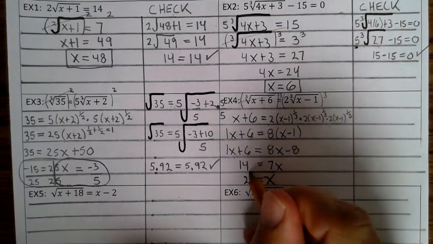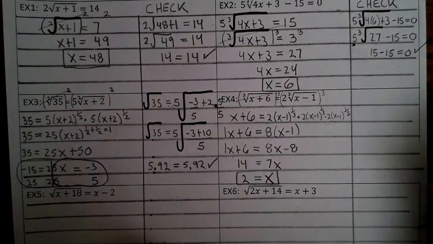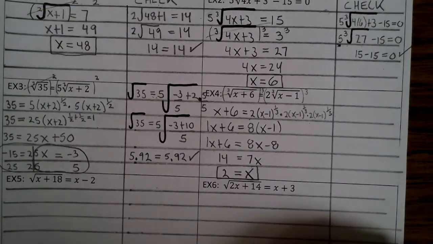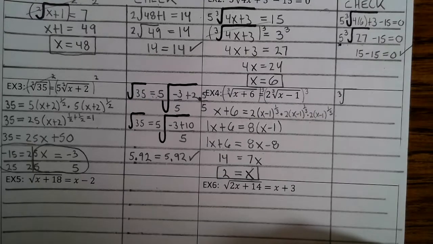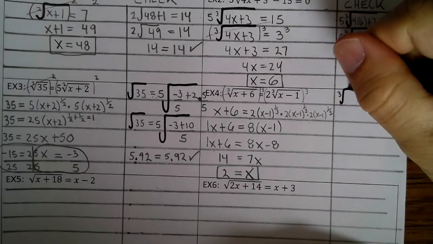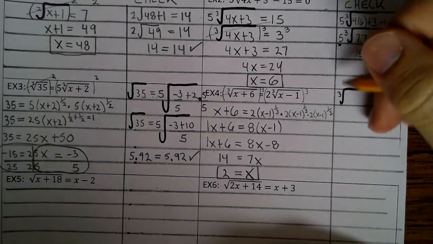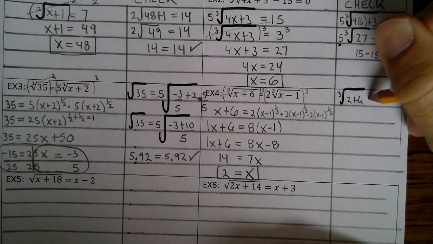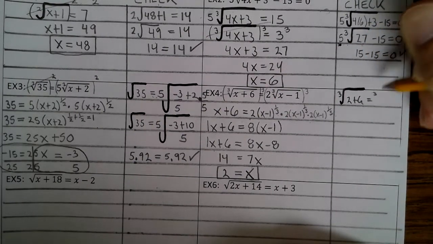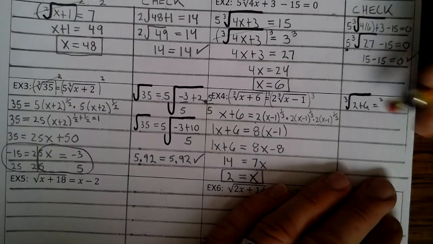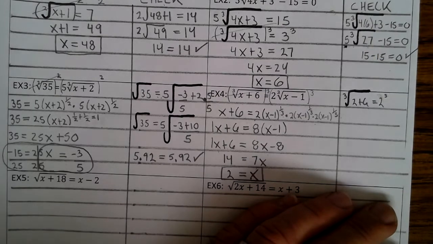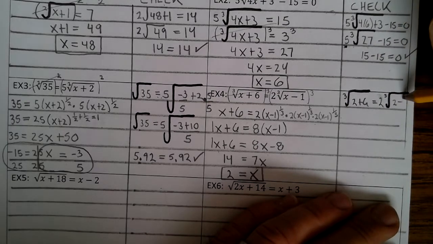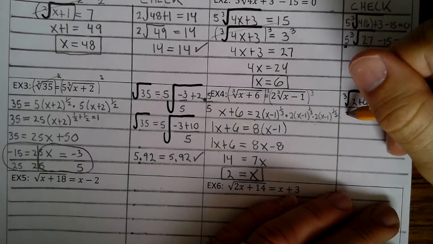So we plug this back in, so that's the cube root of 2 plus 6 equals 2 times the cube root of 2 minus 1. Well, that's the cube root of 8 equals 2 times the cube root of 1. So 2 equals 2, so this checks.